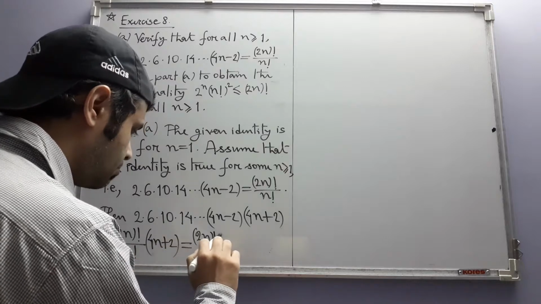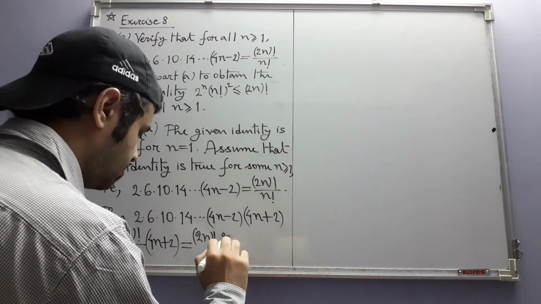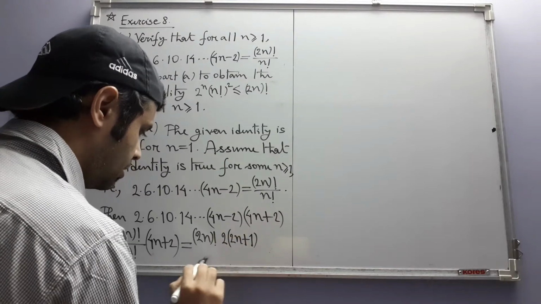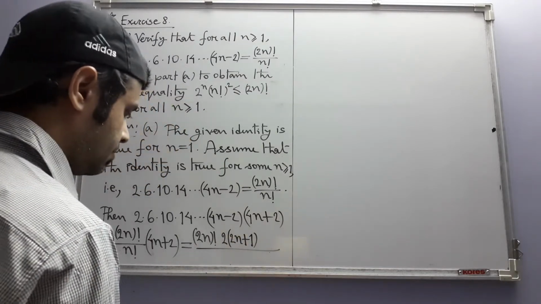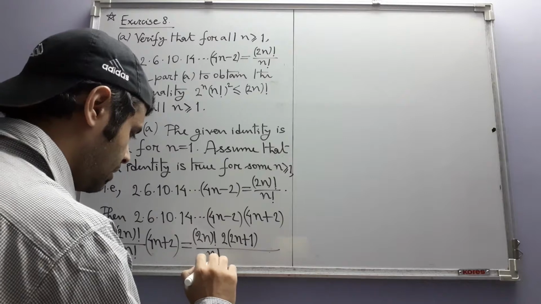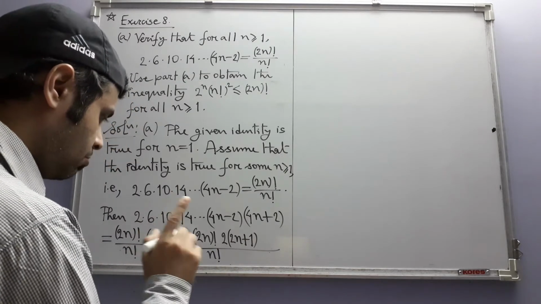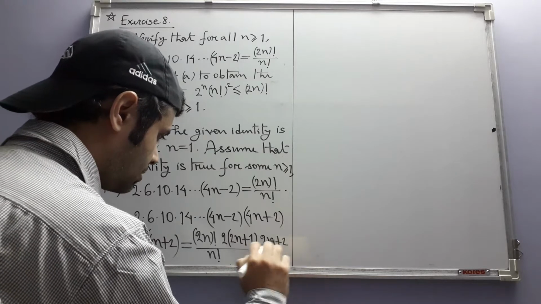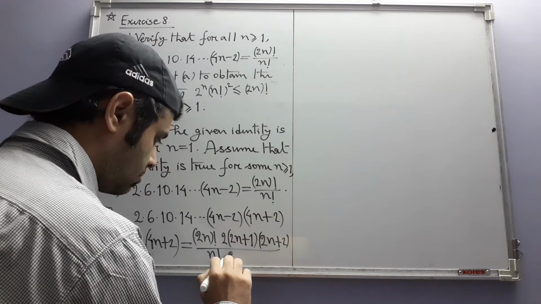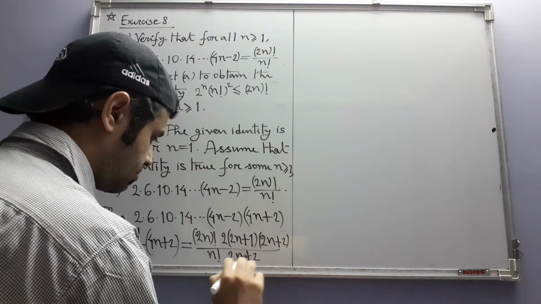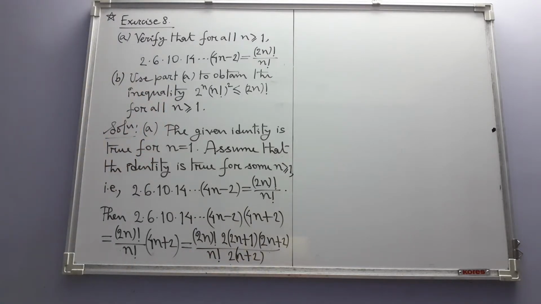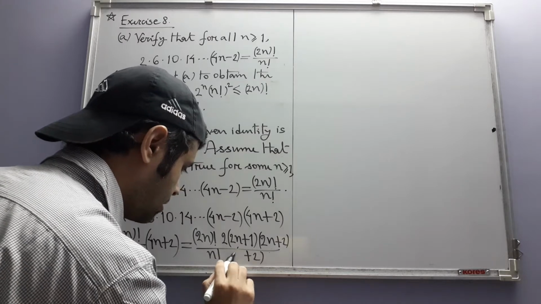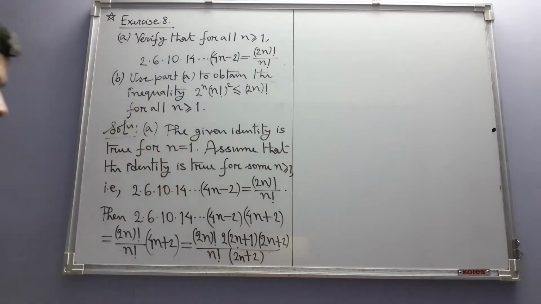From this term we take a 2 common out. We are then left with 2n plus 1. In the denominator we have n factorial. Now we multiply and divide by 2n plus 2. Oh sorry, it will be 2n plus 2 inside brackets.